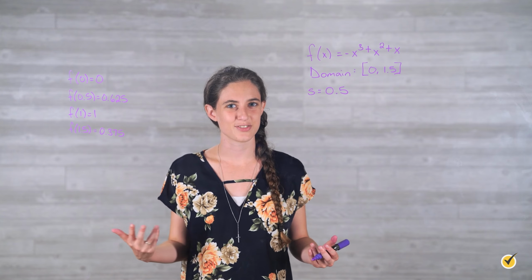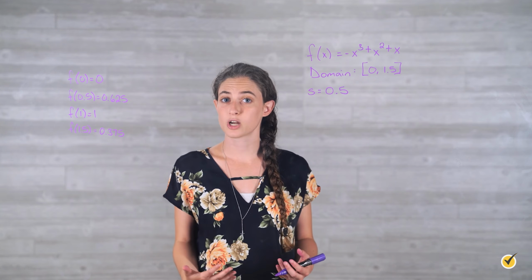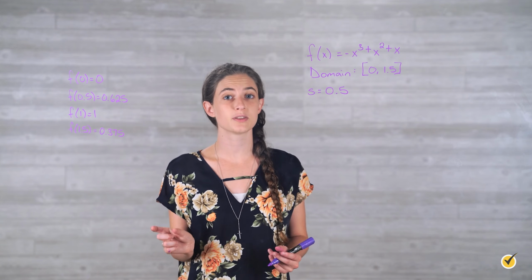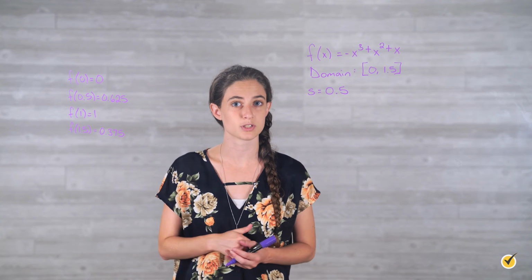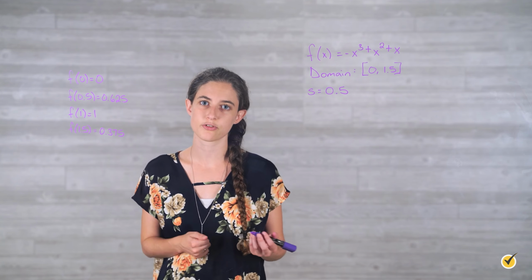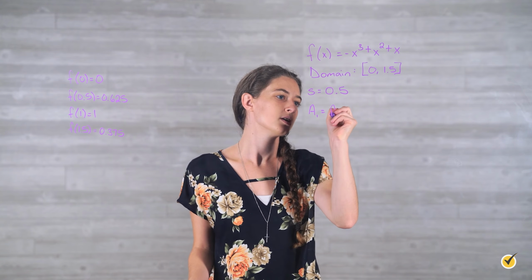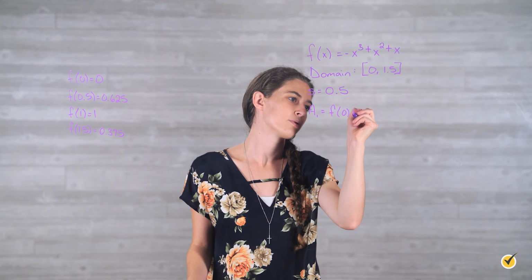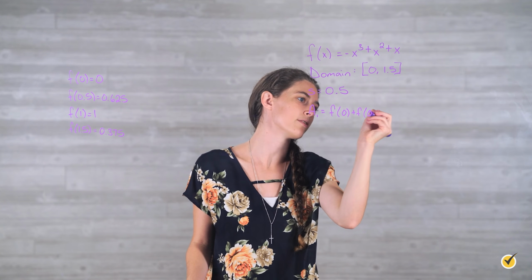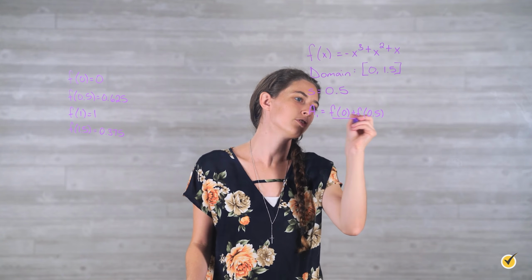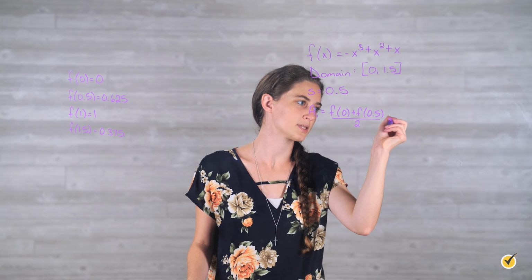Now let's start finding the areas of our trapezoids. The area of our first trapezoid, a sub 1, is between the values of x equals 0 and x equals 0.5. So let's plug that into our formula. A sub 1 is equal to f of 0 plus f of 0.5 over 2 times our step size.